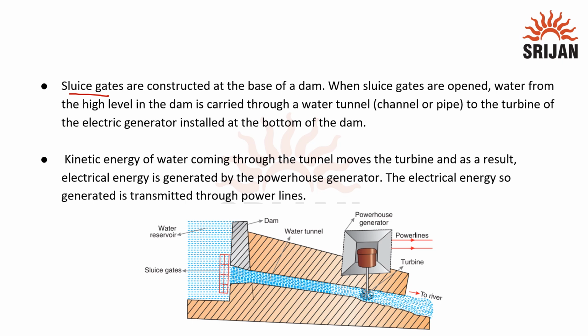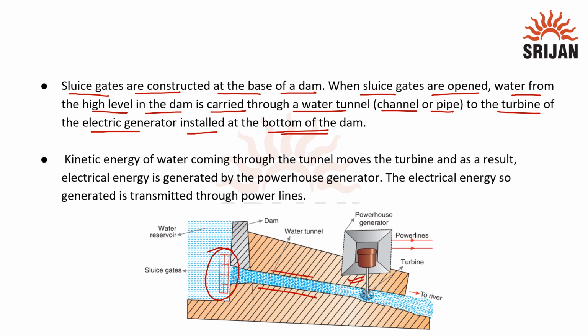Sluice gates are constructed at the base of a dam. So these are the sluice gates. When sluice gates are opened, water from the high level in the dam is carried through a water tunnel, that is a channel or pipe, to the turbine of the electric generator installed at the bottom of the dam. So here we have the turbine of the generator and this is the canal or the passage through which water will flow.